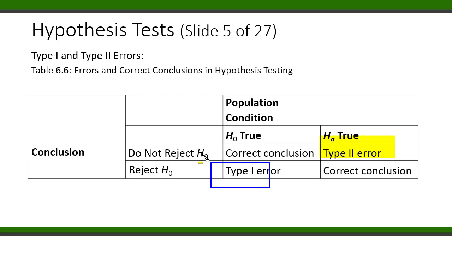So we've accepted the null hypothesis, but we should have rejected it. That's a type 2 error. Type 1 error is we reject the null hypothesis when it's true. So think about that, write it down, get it in your mind so that when you see it on a test or somebody asks you about type 1, type 2 errors, you'll know which way to go with that.